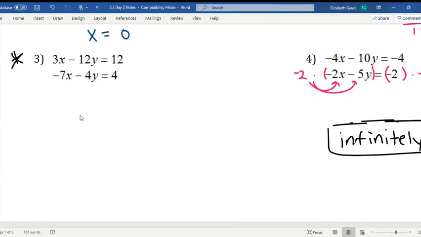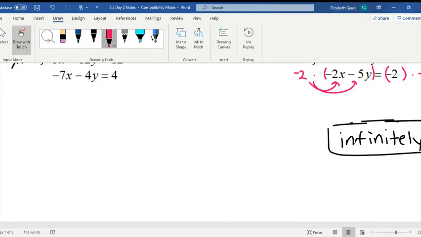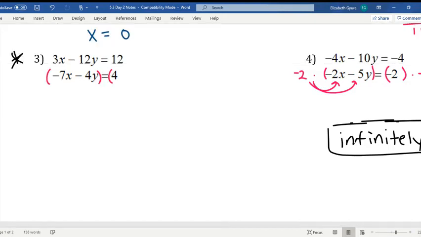So instead of positive 3, I should try negative 3, exactly. So we're going to try out negative 3. So multiply this bottom equation by negative 3. The top equation we don't have to do anything with. I'm just going to move that over.